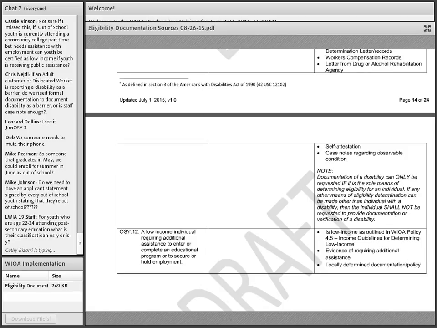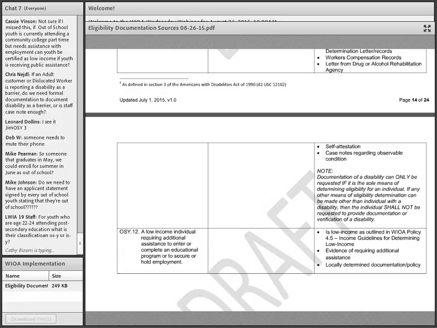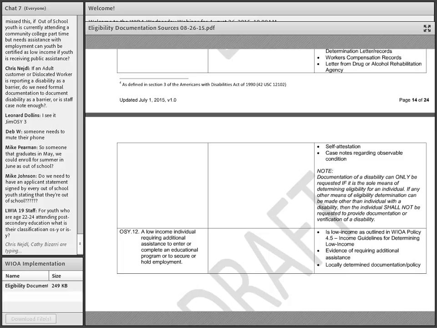This goes back to the original statement from Mark. If there's not an attendance record, a dropout letter, or a school record indicating non-attendance, then the client would self-attest that he or she dropped out of school, and you wouldn't have to be low income because that's not a criteria under the out-of-school youth for somebody to drop out. IWDS will determine that person eligible as out-of-school youth, barring, if it's a male, he's compliant with selective service.